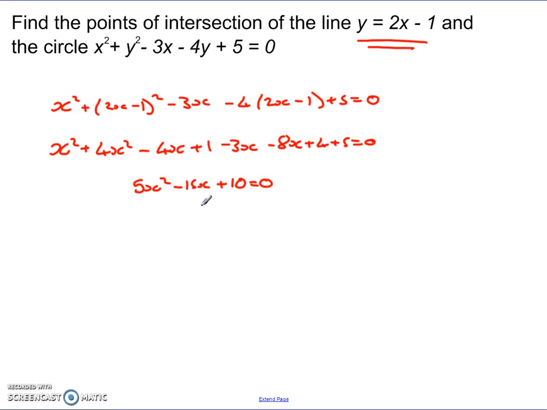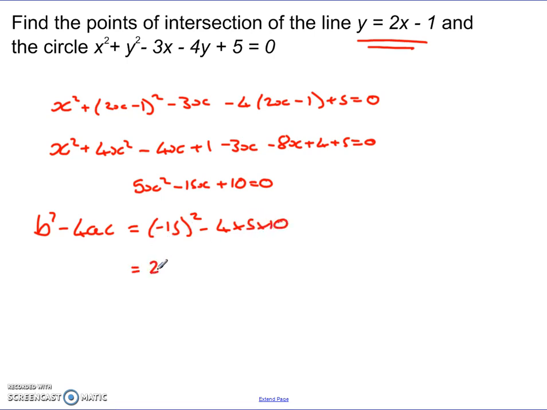Now the next step from this was to use our determinant. So the next step was to use b squared minus 4ac and see what we get. Remember the three possible outcomes, we have to use it. Now a was the 5, b was the negative 15 and c was the 10. Plug all of that in, I get negative 15 squared, take away 4 times 5 times 10.